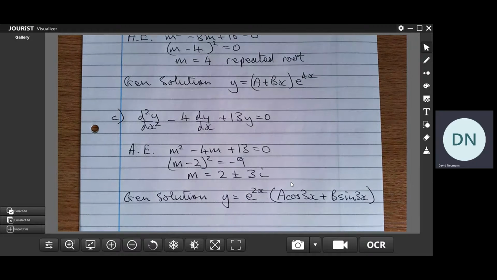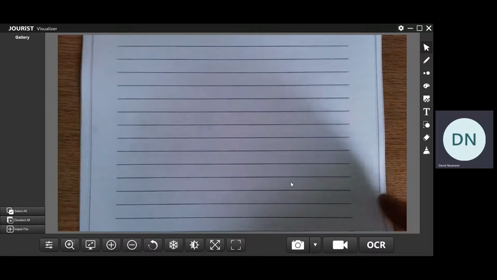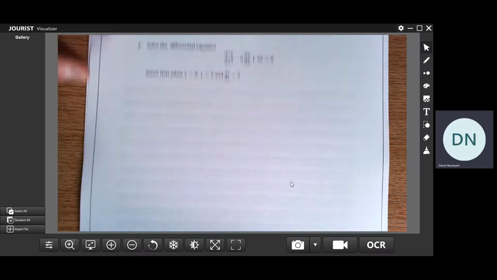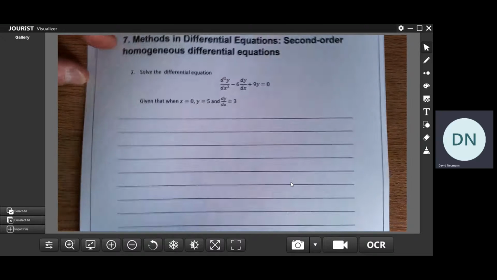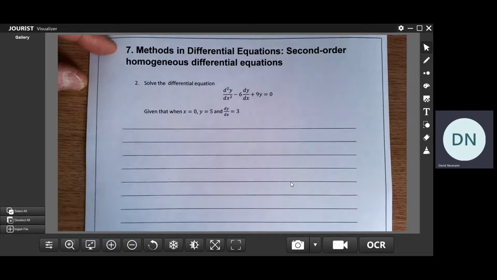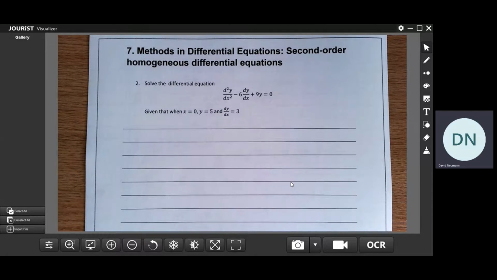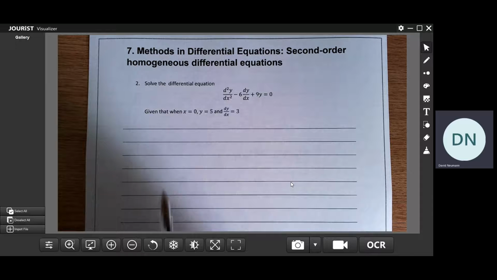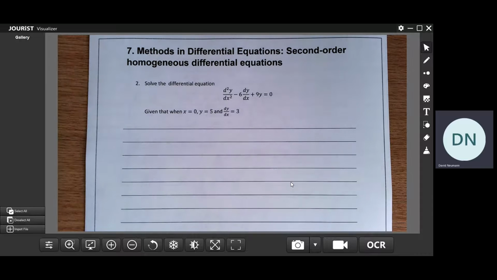Right, we're going to go on now to look at an example where we can solve the differential equation and then use boundary conditions to get a particular solution. And you can see that where we've got a second order differential equation, we need not only values of x and y, but we need something else as well.